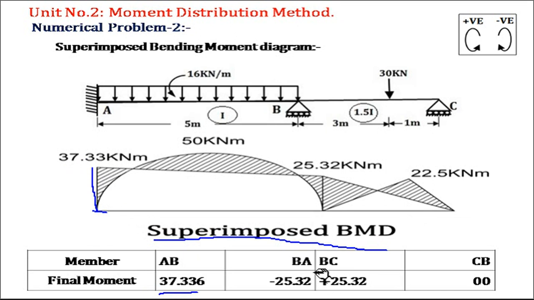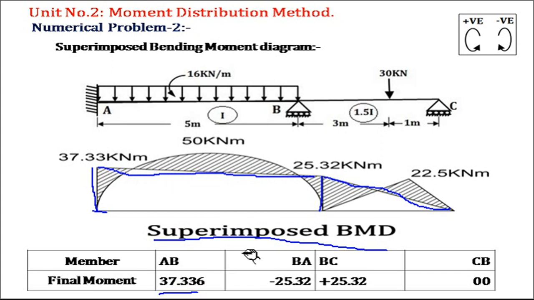At joint B, there are two values, one minus and another plus, but the numerical values are the same. Though it is minus or plus, you have to show it above this horizontal line, and this value is 25.32. And moment at C in portion CB is 0. Then we have to join these by straight lines. So this is the fixed bending moment diagram.